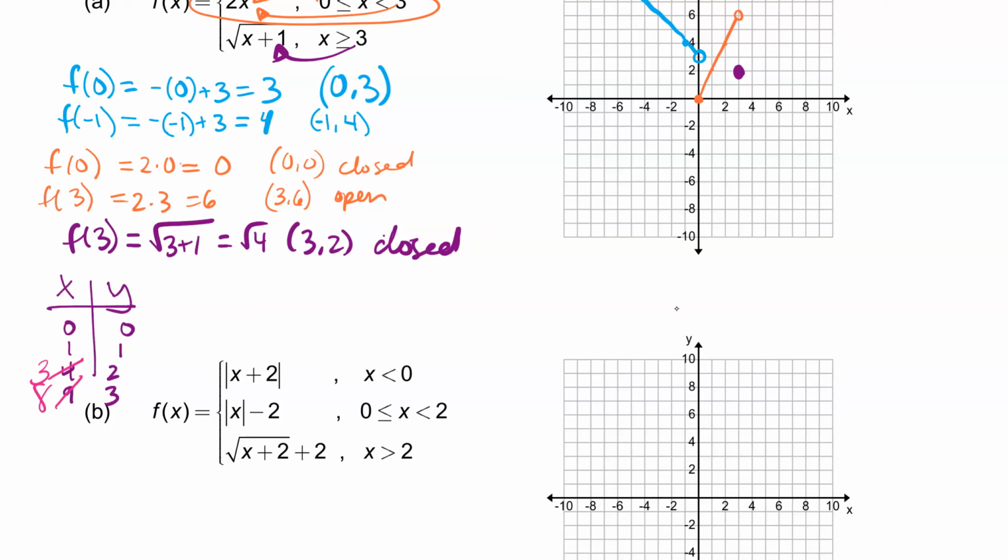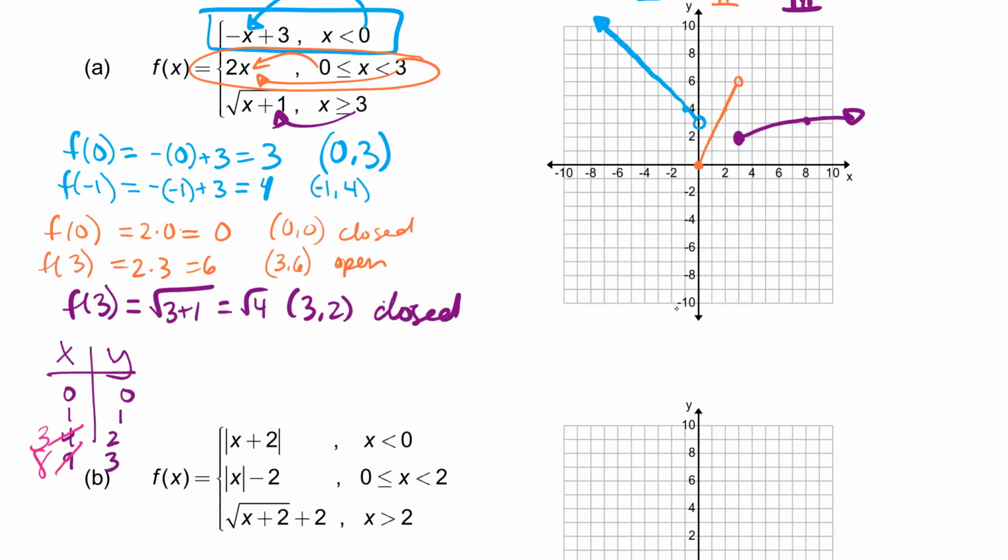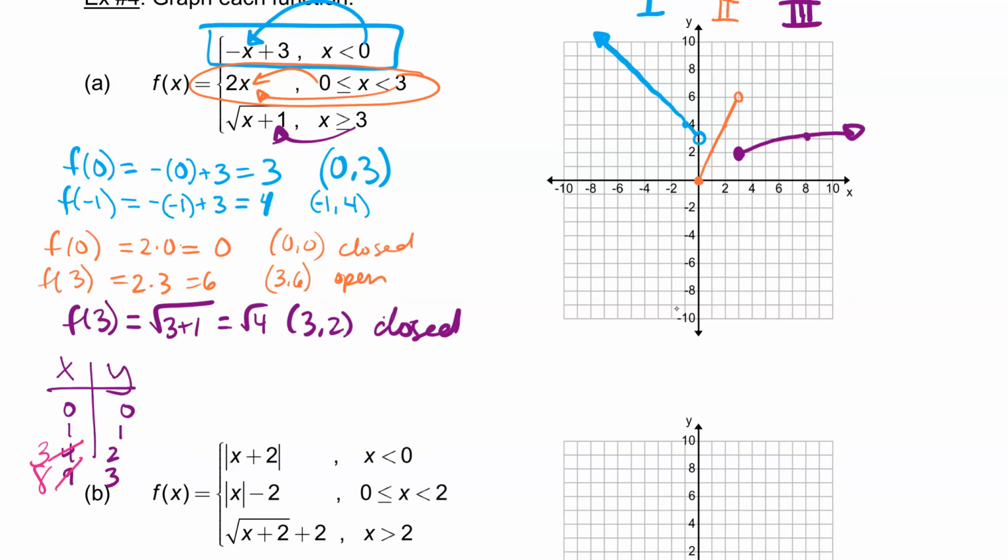Oh my gosh, you guys are doing great. (8, 3). Is it also closed? Yeah, because 8 is greater than 3, right? X value of 8 is greater than 3, so it's actually included.